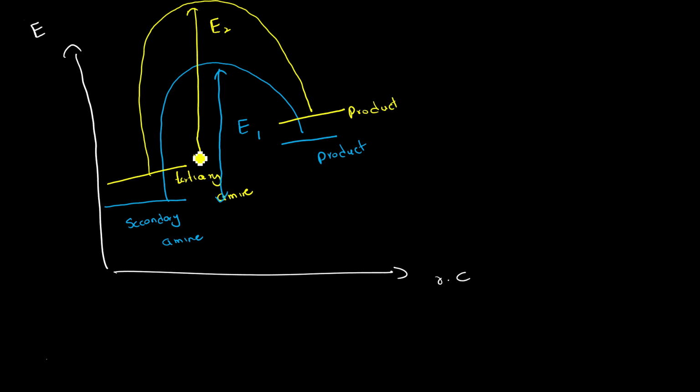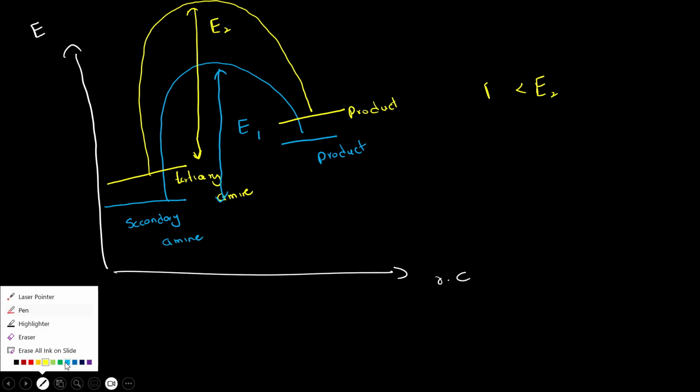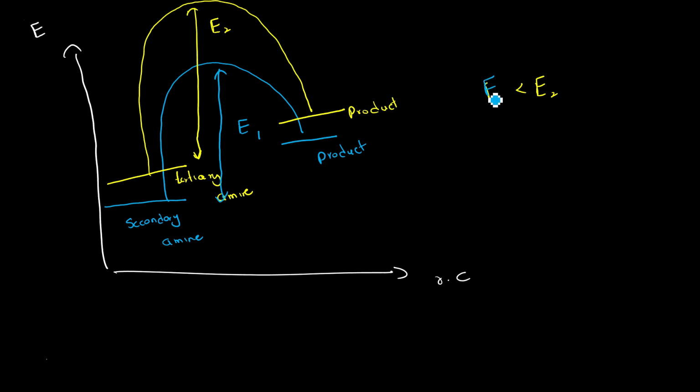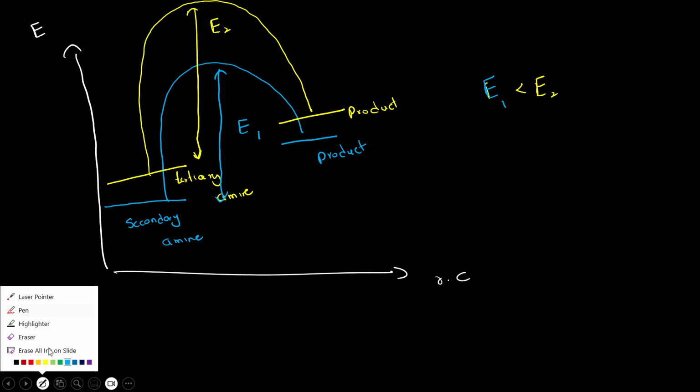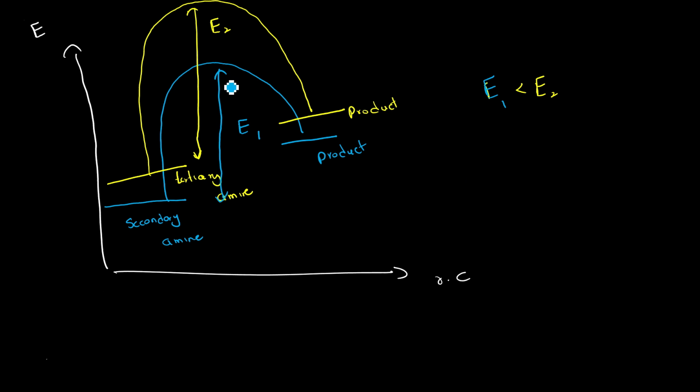Always E2 is bigger than E1. Why is that? It's because of that steric hindrance.